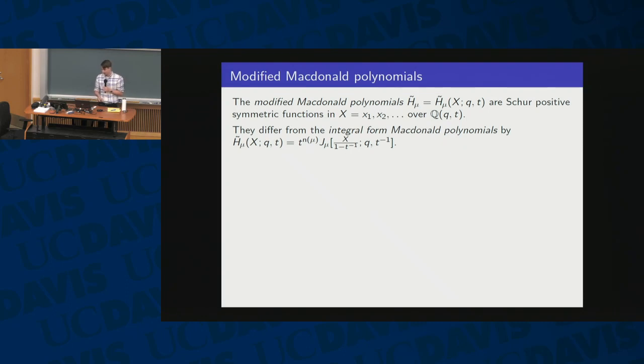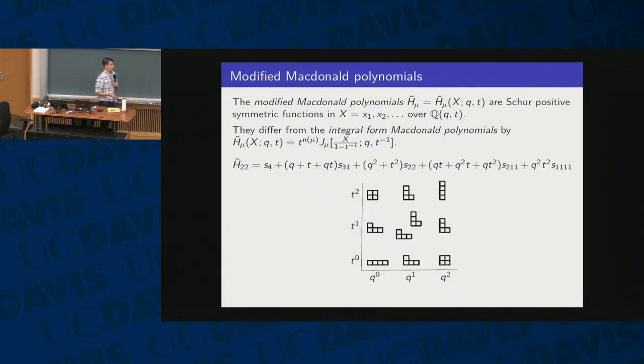I won't really get into that. But if we draw out an example here, this is the one indexed by the partition 2, 2, you can see the Schur expansion. It's nice. All of the coefficients are polynomials in q and t with non-negative integer coefficients.